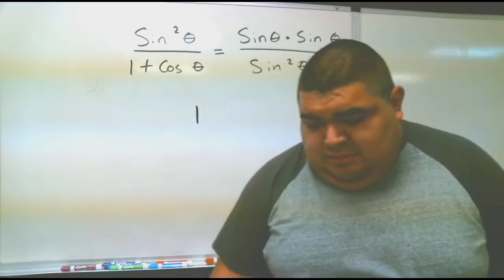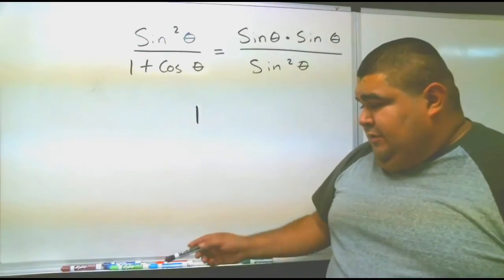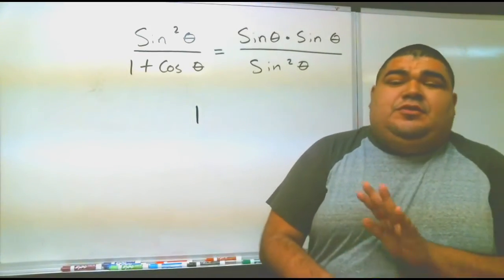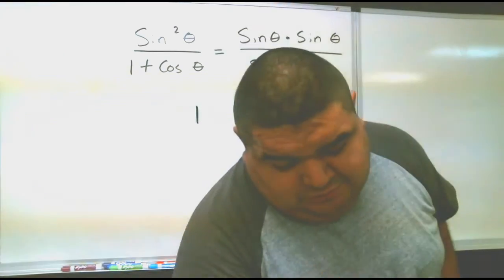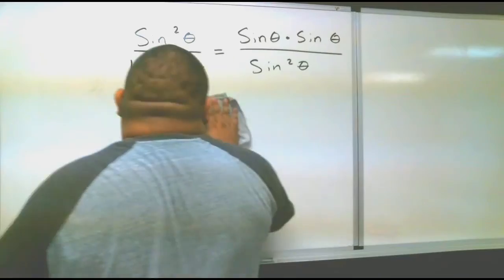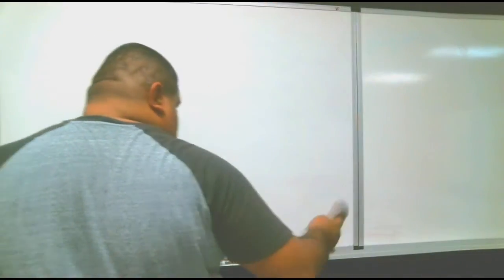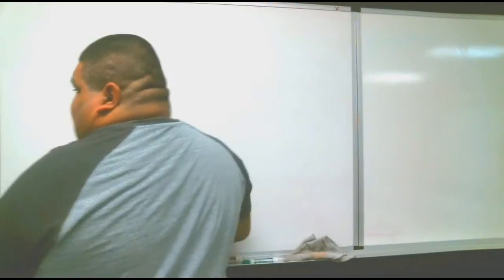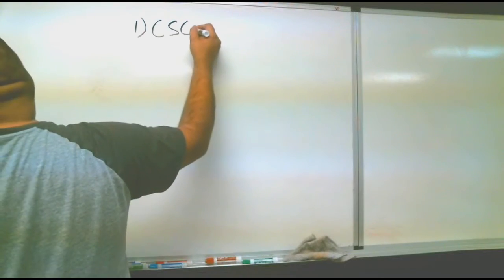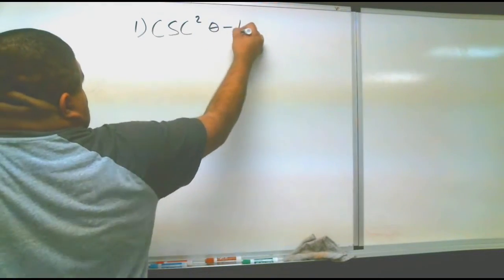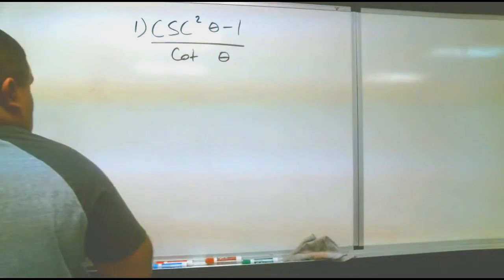All right, guys. So again, you need to really look on those charts to convert your problems. So I'm gonna give you guys your assignment for today. Your assignment for today is number 1, CSC squared theta minus 1 over cotangent theta.